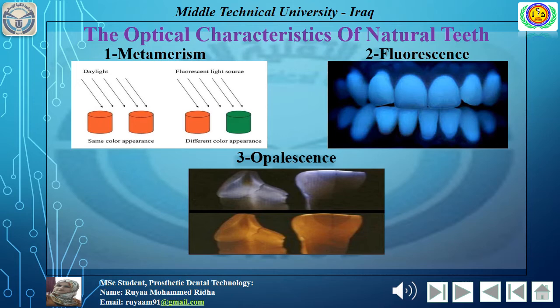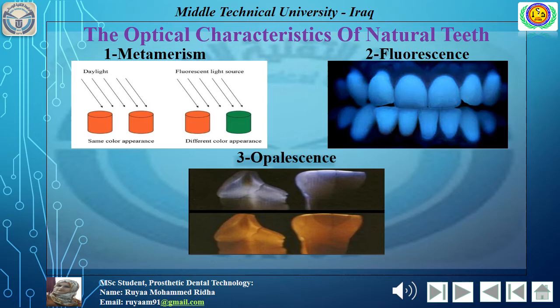Metamerism is a phenomenon in which two colors appear to be matched under a given lighting condition but have different spectral reflectance. To explain metamerism with an example, two objects that appear to be an identical shade of yellow may absorb and reflect light differently.